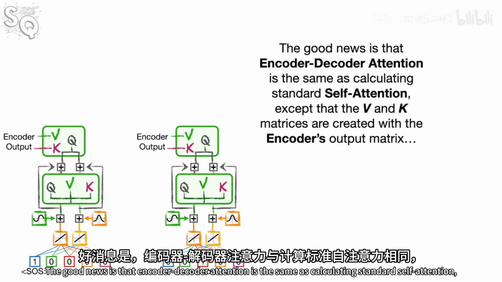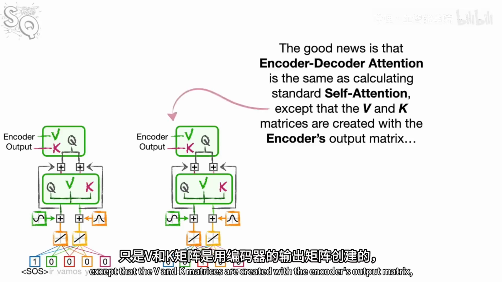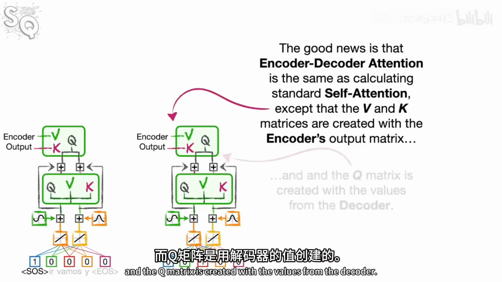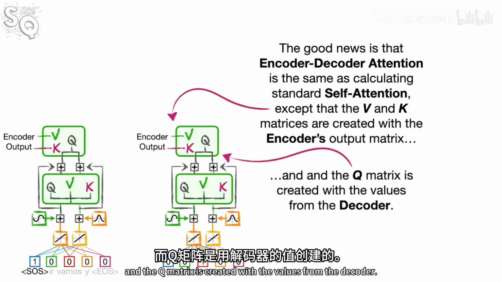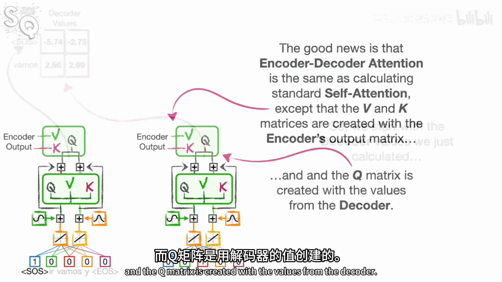The good news is that encoder-decoder attention is the same as calculating standard self-attention, except that the V and K matrices are created with the encoder's output matrix, and the Q matrix is created with the values from the decoder.